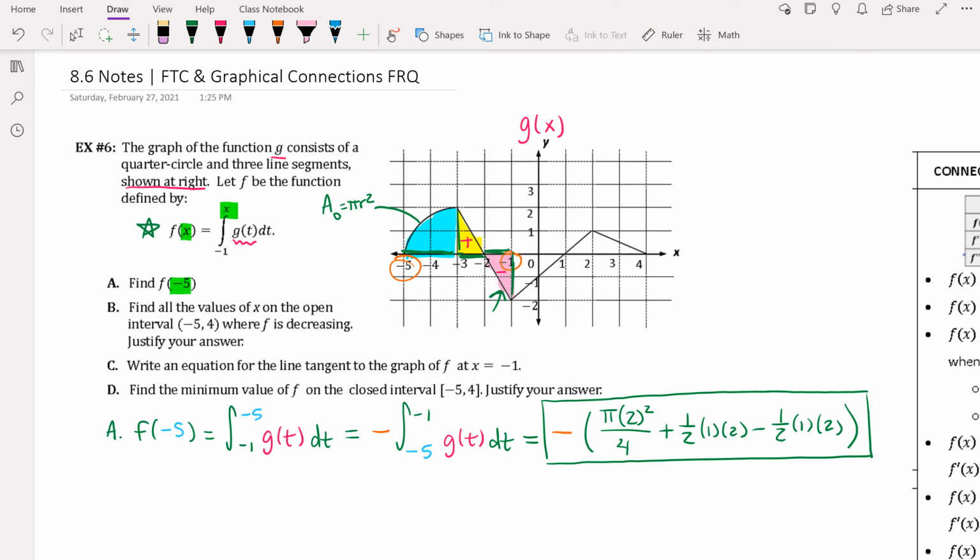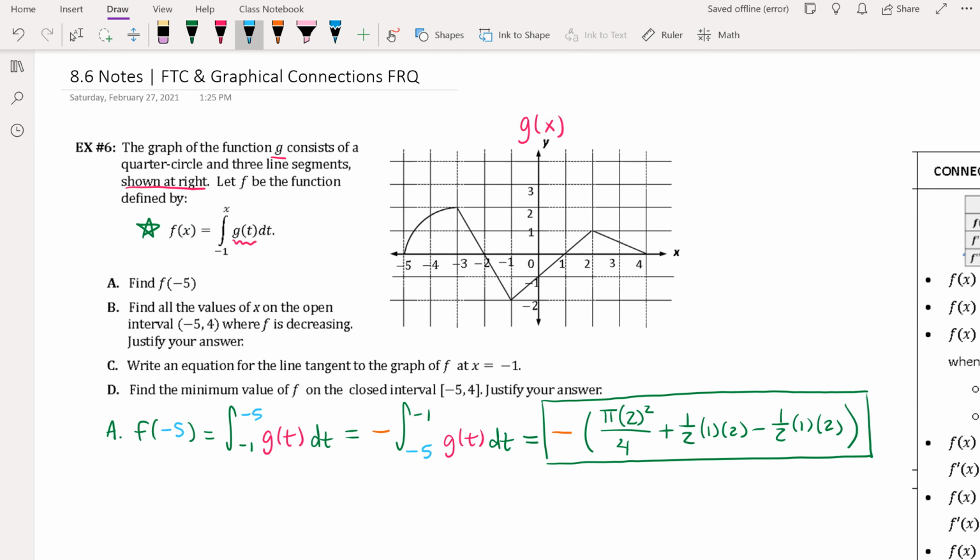Find all the values of x on the open interval -5 to 4 where f is decreasing. Justify your answer. Okay, so if we're looking for where f is decreasing, we are going to need to know our graphical connections.